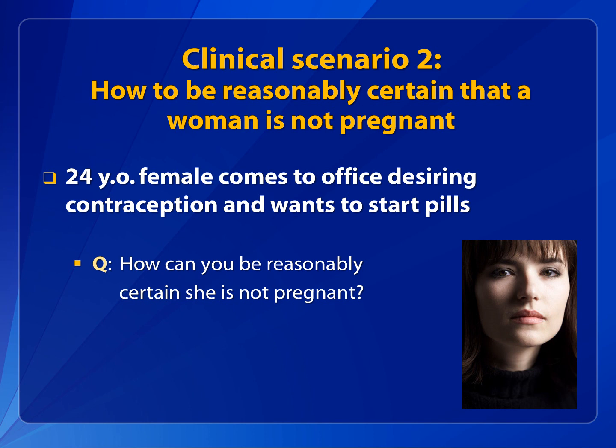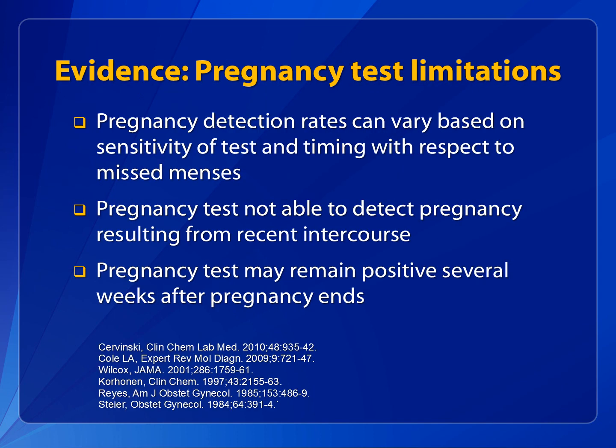For the next question, we want to know how we can be reasonably certain she is not pregnant. Some providers may question whether or not they should do a pregnancy test to rule out pregnancy and may also question if a pregnancy test is sufficient. The evidence shows that pregnancy testing does have limitations.